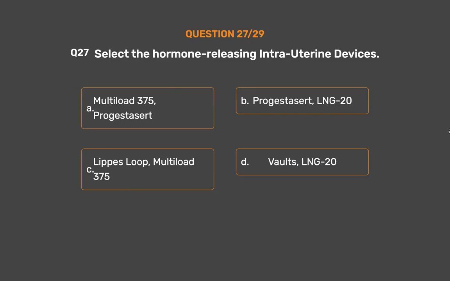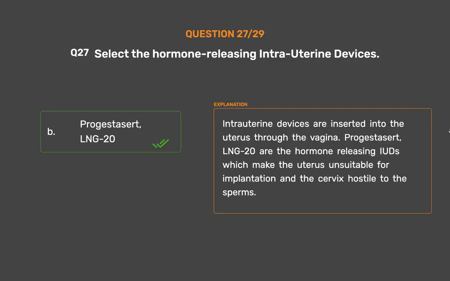The correct answer is Option B, Progestasert, LNG-20. Intrauterine devices are inserted into the uterus through the vagina. Progestasert and LNG-20 are the hormone-releasing IUDs which make the uterus unsuitable for implantation and the cervix hostile to the sperms.